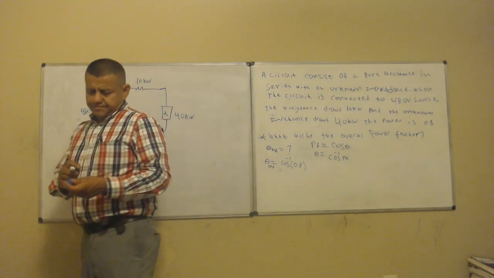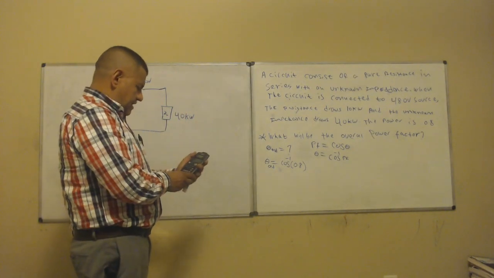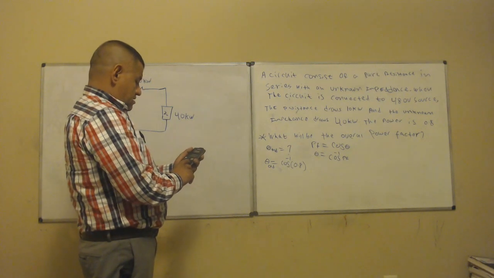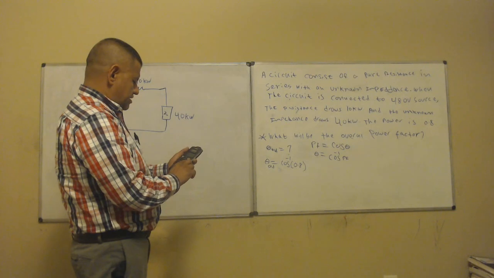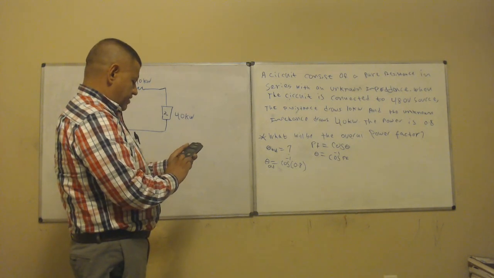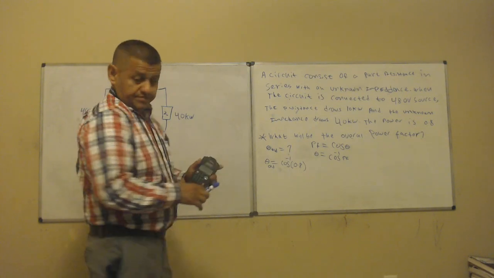Once I do that, cosine inverse of 0.8 is 36.86.